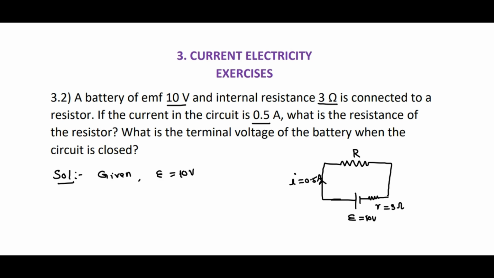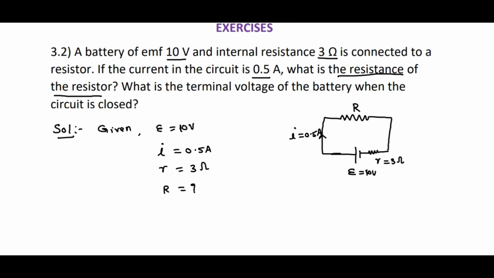That is the data given. We need to find out the resistance of this resistor, so capital R we need to find out. It is one of the subparts. And again the terminal voltage of the battery we also need to find out.